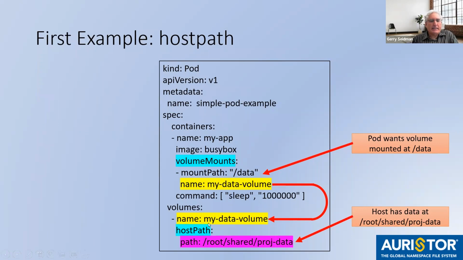So we see down at the bottom a section called volumes, and notice it also has a name. That's how you bind those two. It's saying the volume that I'm mounting in this running container is defined in the volumes section here under the same name.